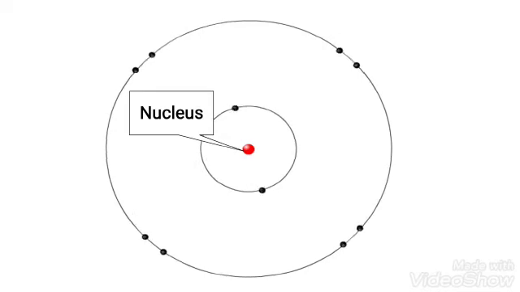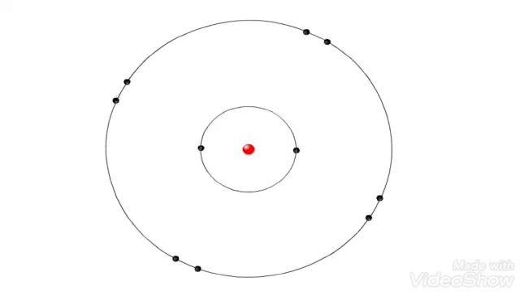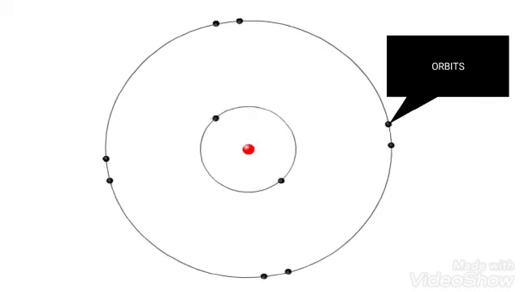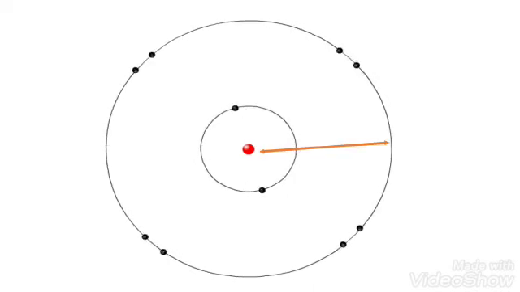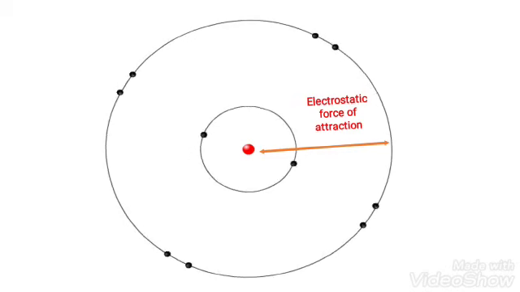The electrons in the extranuclear part are revolving around the nucleus in circular paths called orbits. The electrons and nucleus are held together by the electrostatic force of attraction.